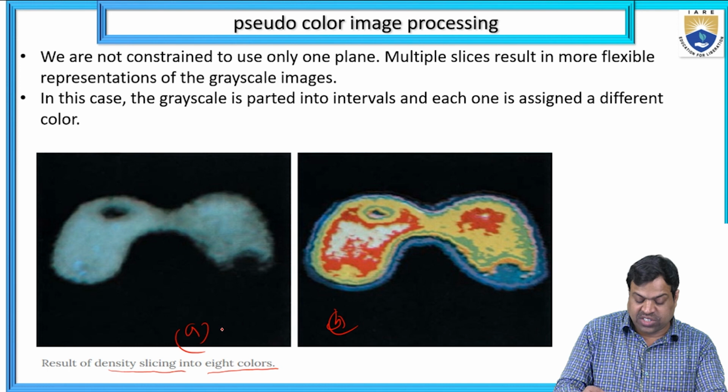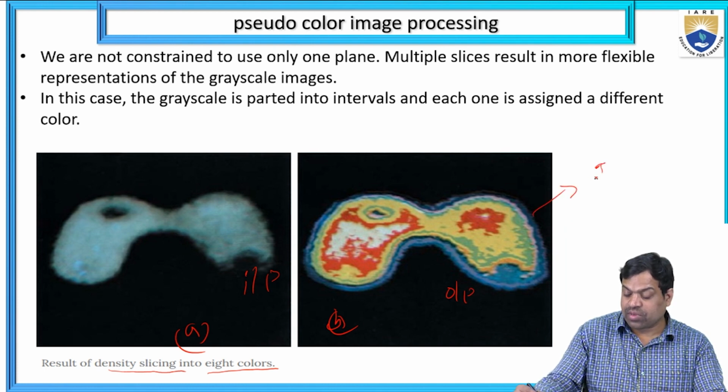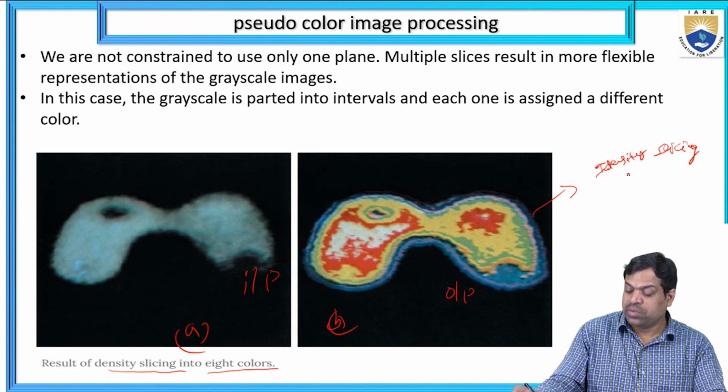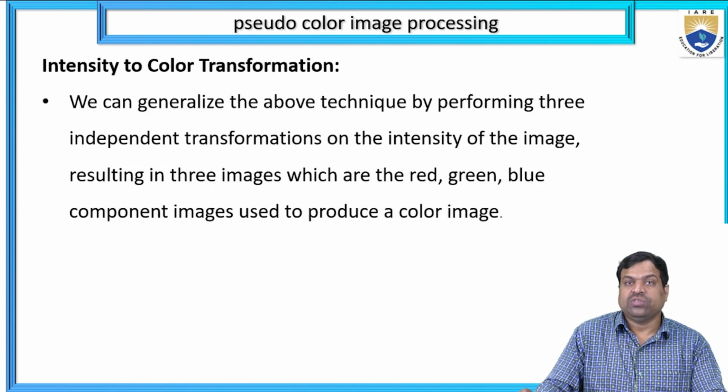So here is the input and this is the output. What is happening is that intensity slicing means a color combination. So it is an intensity to color transformation.